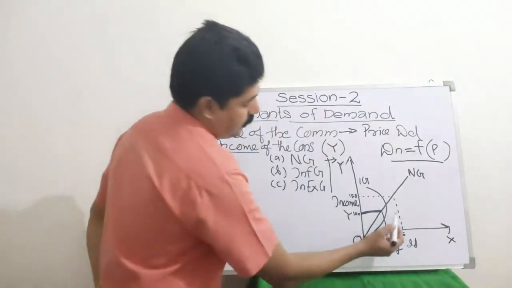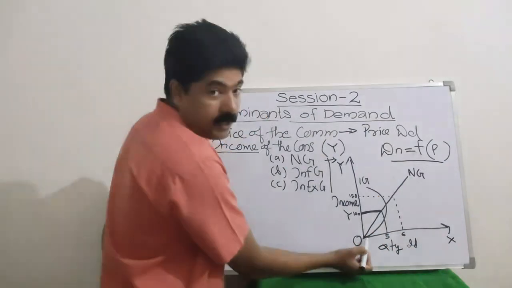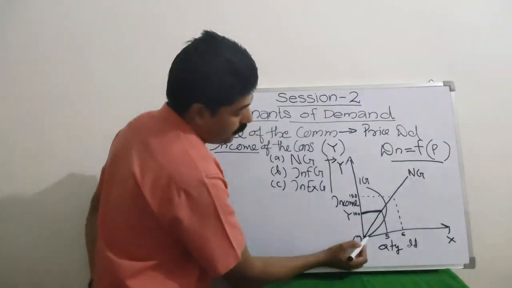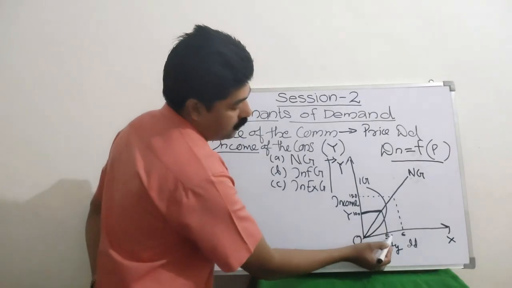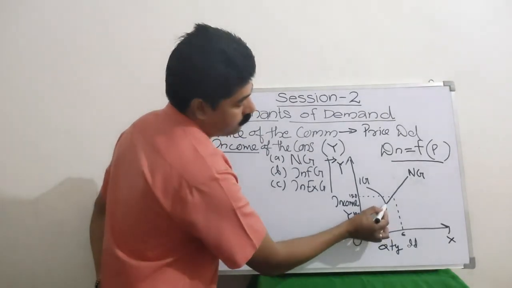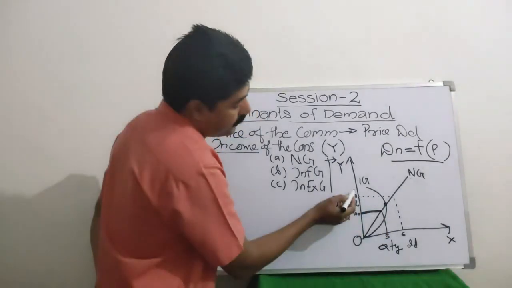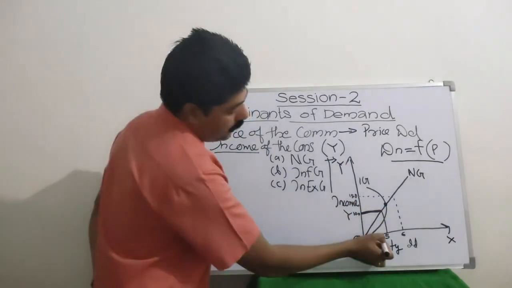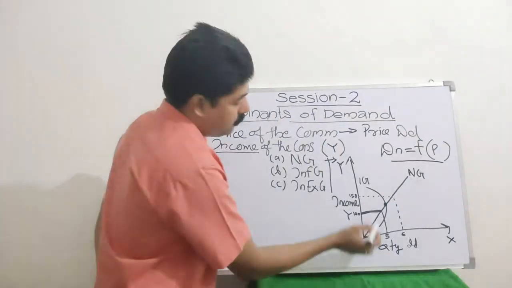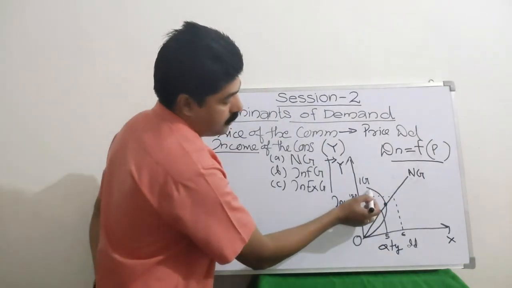Which means when income increases, in the initial stages you will see that income increases and quantity demanded also increases, up to this point. After that, what is happening? When your income increases, the quantity demanded does not increase, which means it diminishes.